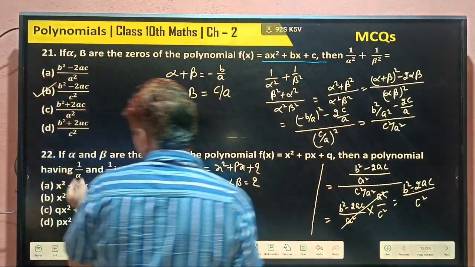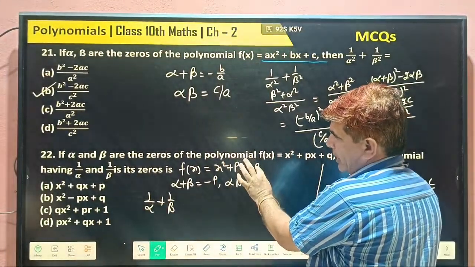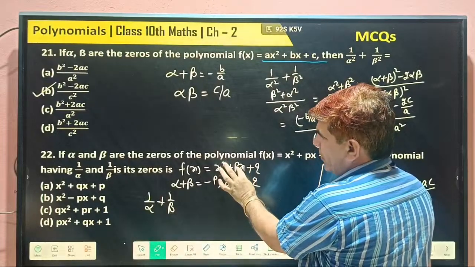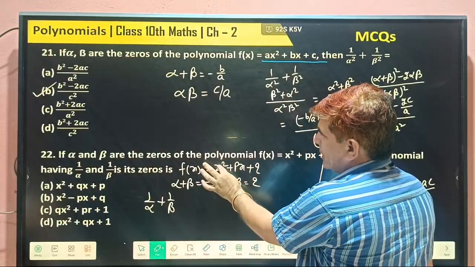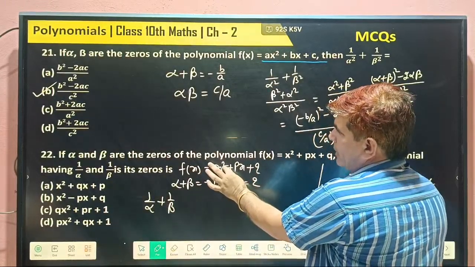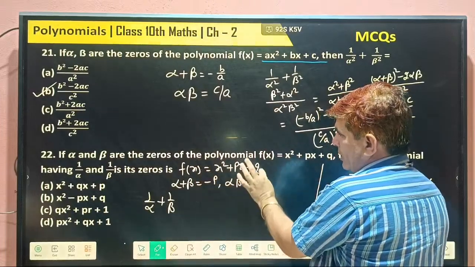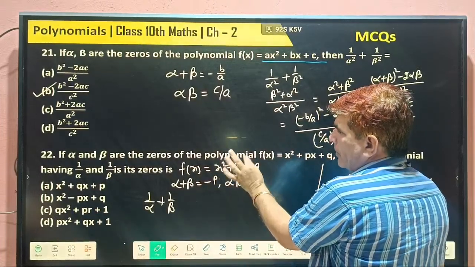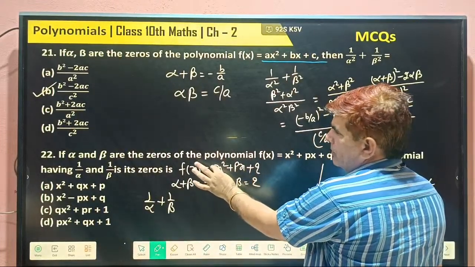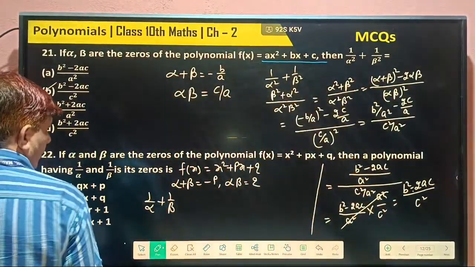In this type of question, reciprocals are given, so we can start from the last option: qx square plus px plus 1. Here the coefficient is 1, that's why we have taken 1. So the answer is qx square plus px plus 1. C is your answer, if you can see it directly.